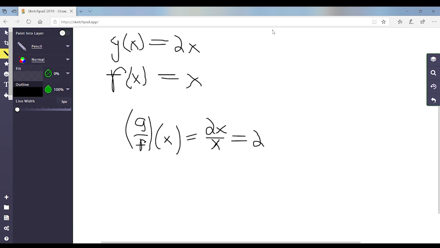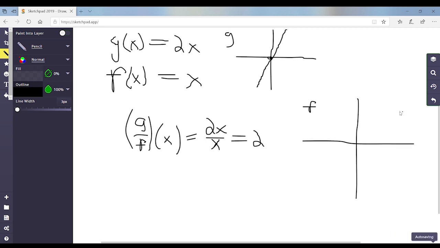So let's draw the graphs of both of them. We know 2x, this is going to be g, is going to look sort of steep, and then f would be just a straight diagonal line.